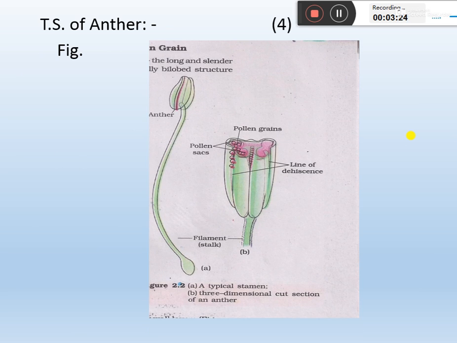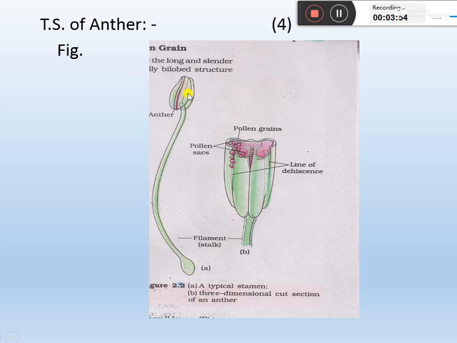In a figure of the anther, we'll find the long thread-like structure called the stalk or filament, and a stamen has two parts: filament and the anther.